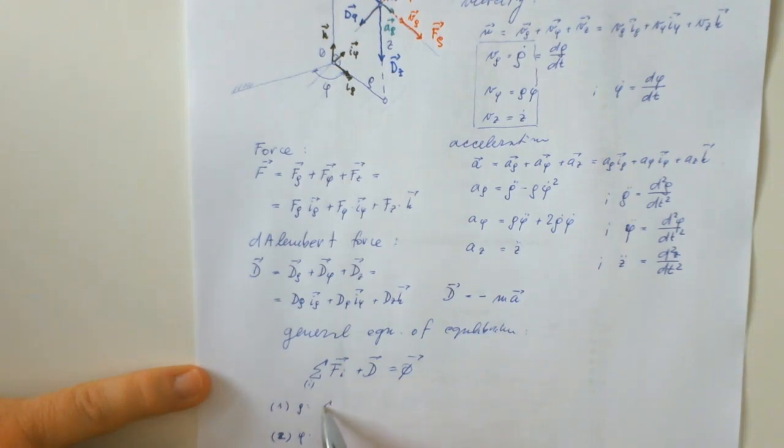So it is the sum of all rho components of all forces minus d rho is equal to 0. The sum of all phi components minus d phi is equal to 0, and the sum of z components minus dz is equal to 0.